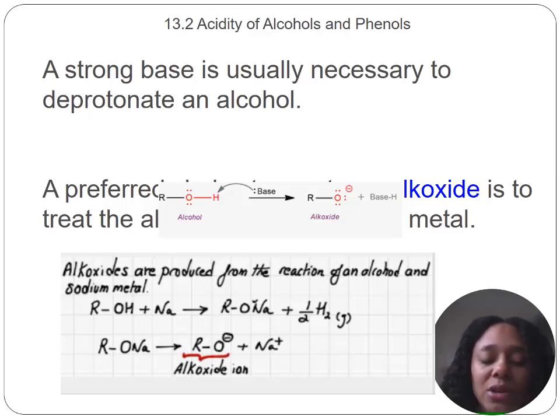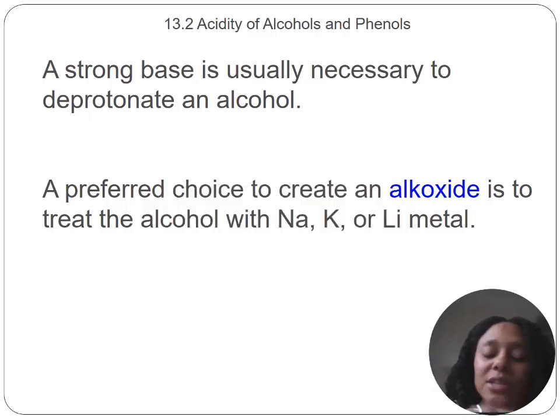But you could potentially also use sodium metal, potassium metal, lithium metal, any of your group 1 metals, and make your alcohols become alkoxide ions. So basically they take off the hydrogen. Now you don't need to be able to draw that mechanism. It's a redox type mechanism, but just know what happens. You can find that reaction in your textbook as well as your mechanism handout. So make sure you take a note of that.